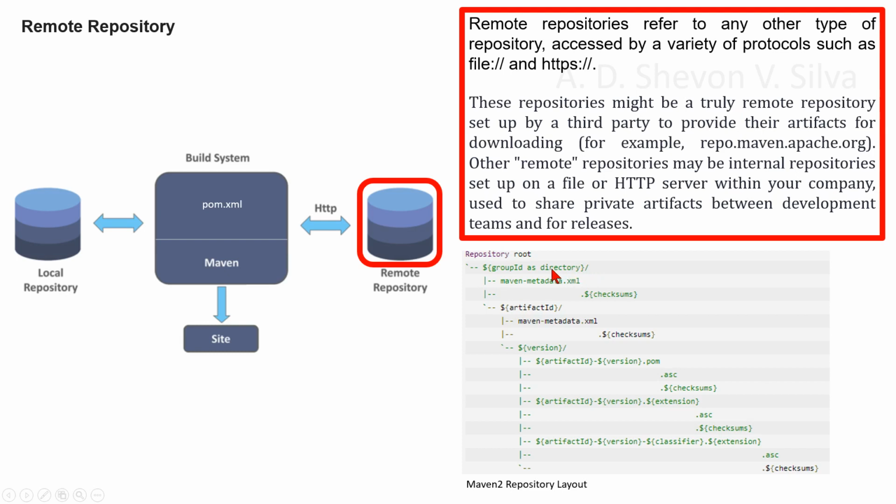For example, org/apache/maven. Here, the artifact ID is the artifact ID. The version is the version, with some additional possibilities on a snapshot.